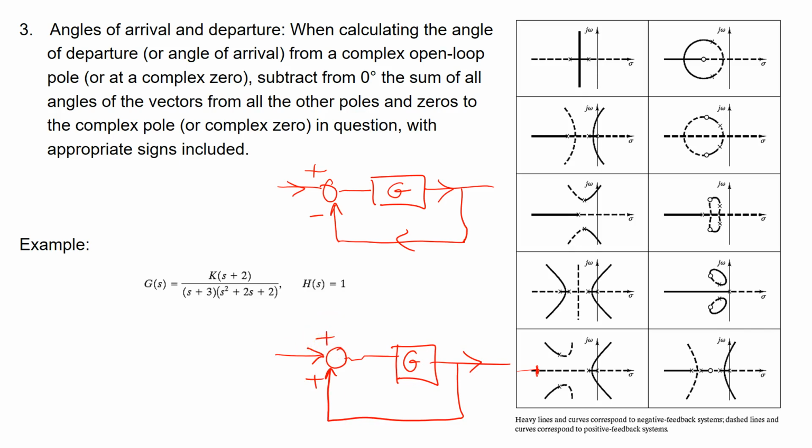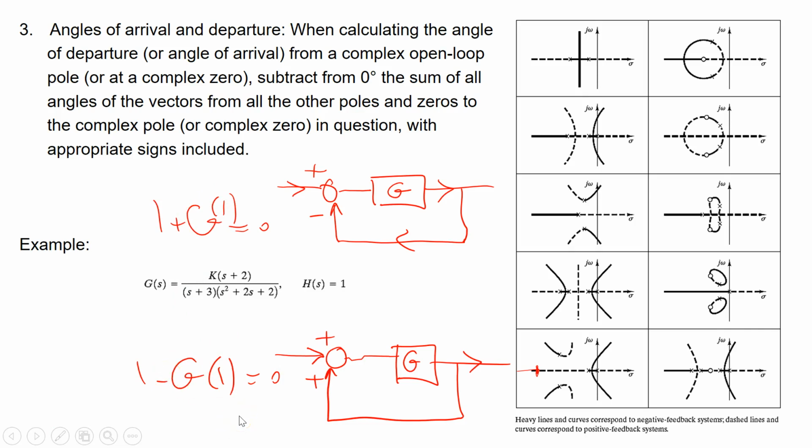So what's the difference? As I said, the characteristic equation here is 1 plus G times H. H is 1, so it's going to be 1 plus G is equal to 0. In this case, it's going to be 1 minus G times H is equal to 0. So how do I distinguish between these two? Of course, one of them is the same as the other, except for positive G became what?